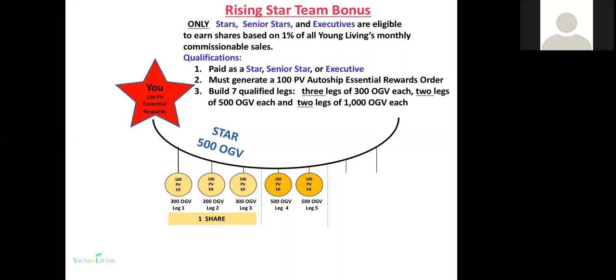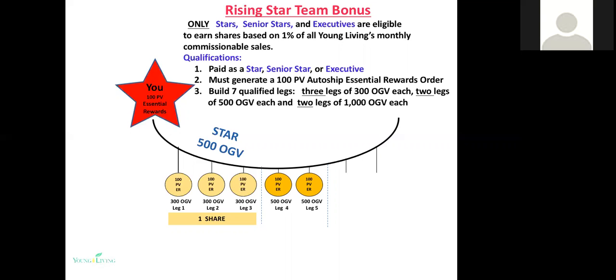And once you've helped 2 of those members build to 100 PV and 500 OGV, you now would need to replace those spots that they had at the 100 PV and 300 OGV level with 2 new members.